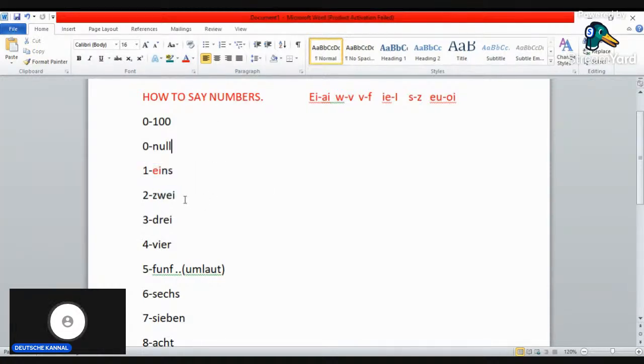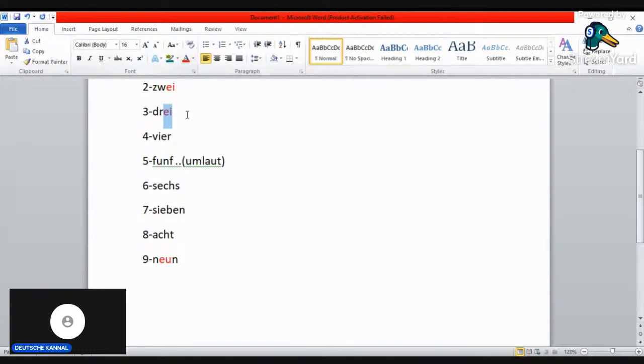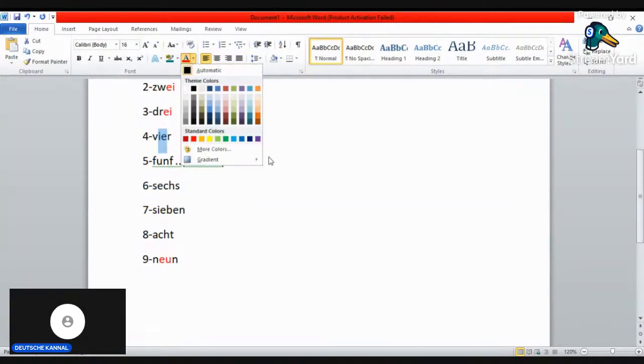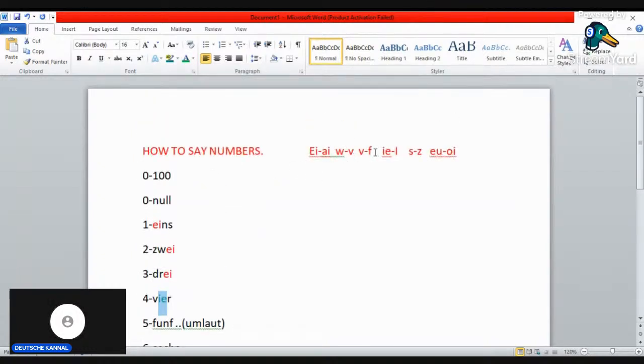It also has E and I. Then drei, also E, I. Number 4 is vier, which is different. So vier, and we said here, I-E is pronounced as I.